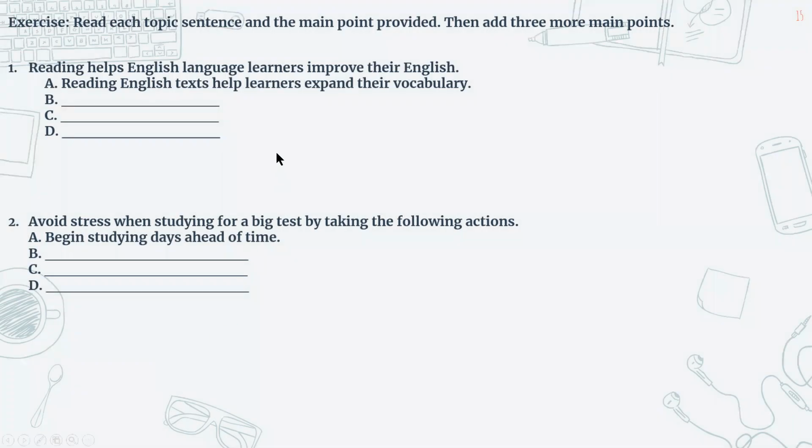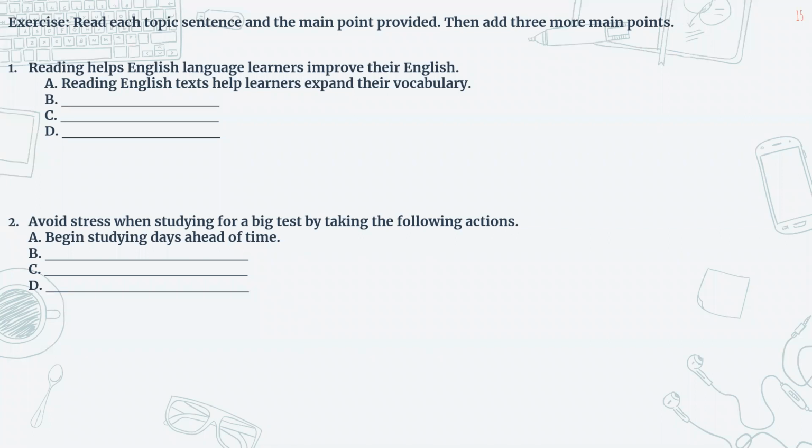This is another exercise. Read each topic sentence and the main point provided, then add three more main points. I want you to come up with three more main points for each topic sentence. The first one, reading helps English language learners improve their English. I give you one main point.